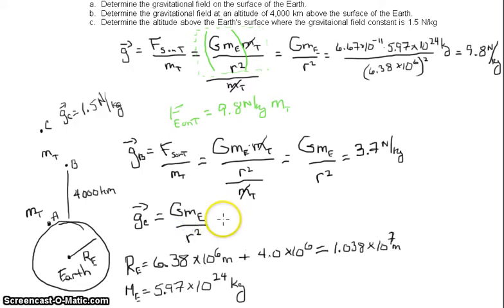Since I'm looking for the altitude, I have to solve for the distance between the Earth and point C.